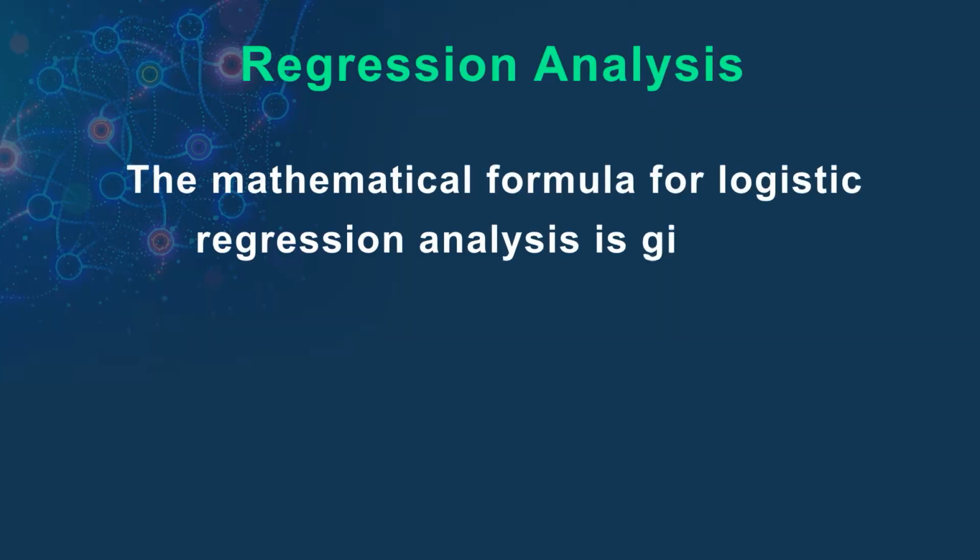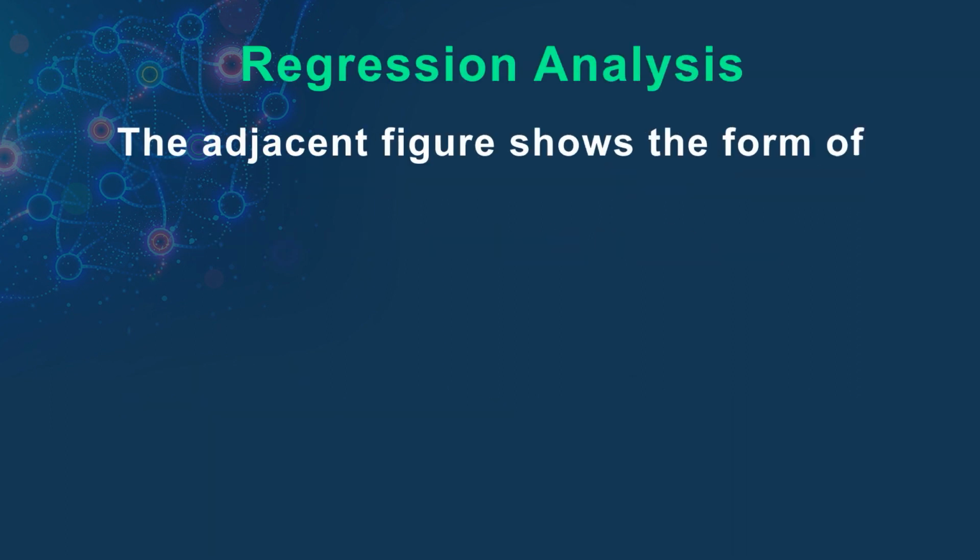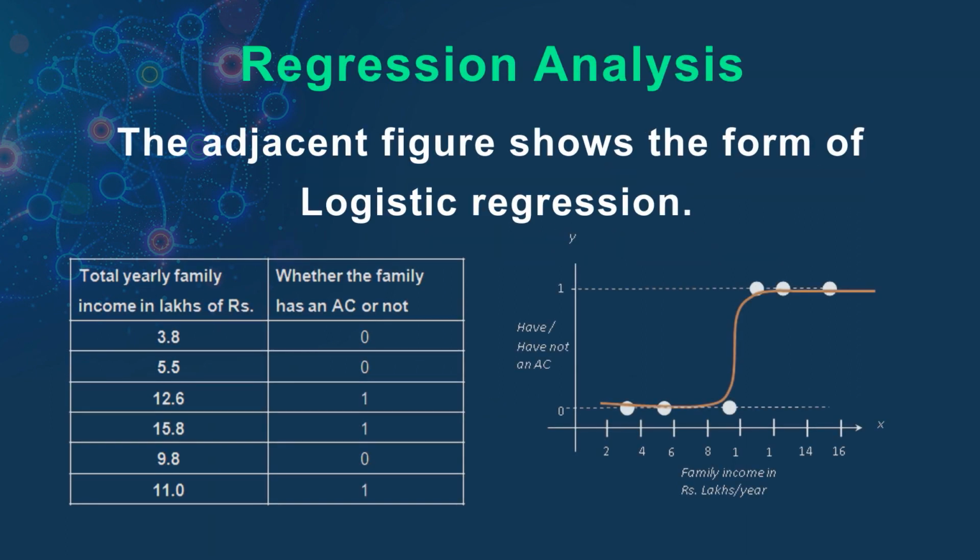The mathematical formula for logistic regression analysis is given as log of y by 1 minus y is equal to beta naught + beta 1 x1 + beta 2 x2 and so on up to beta k xk. The adjacent figure shows the form of logistic regression.